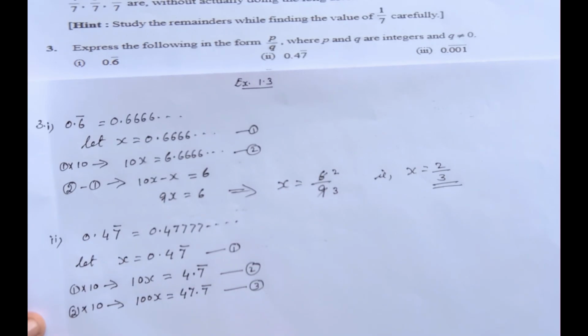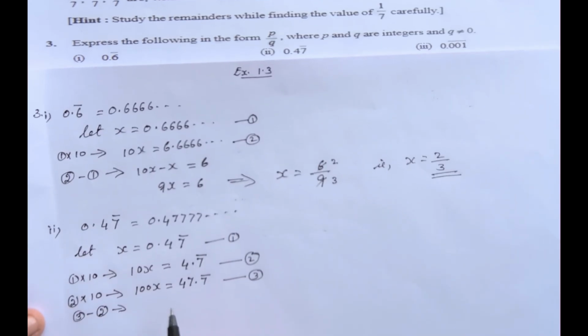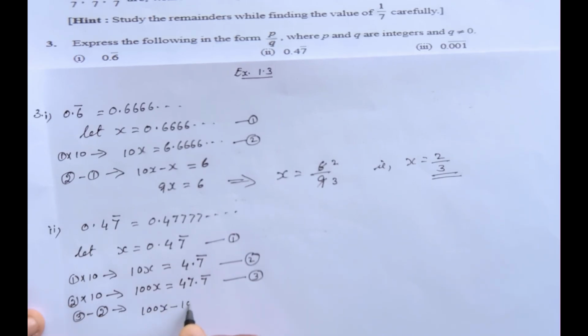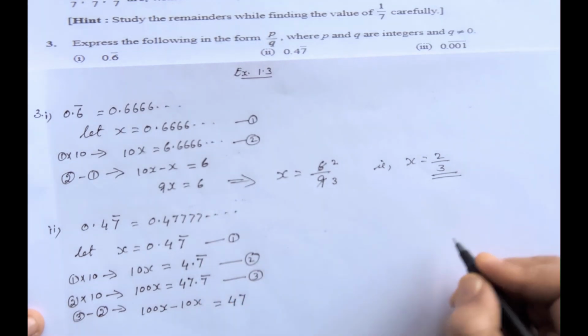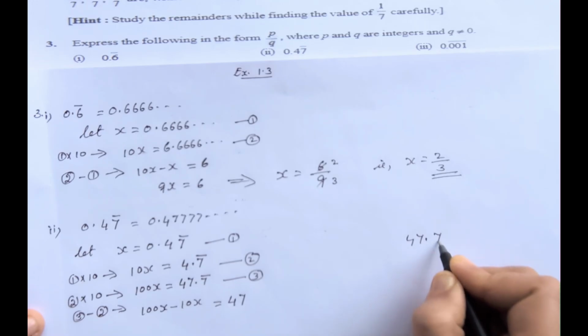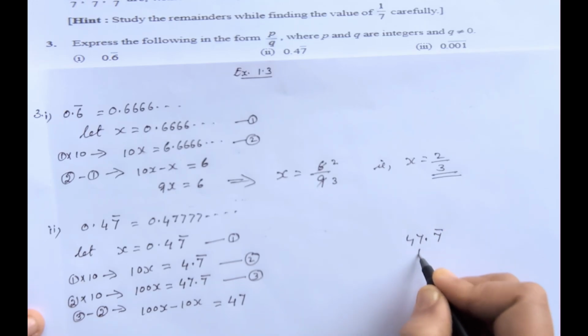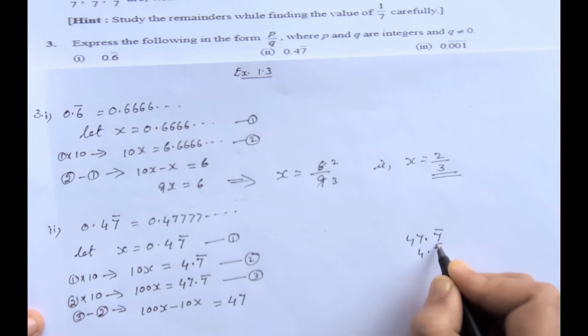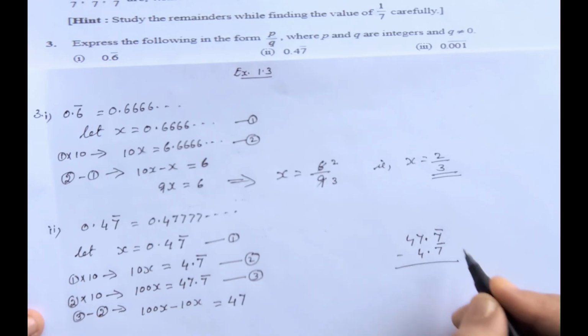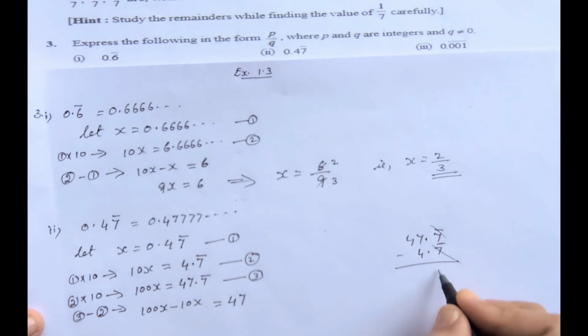Now we are going to subtract 2 from 3. Equation 3 minus 2 gives, on the left side, 100x minus 10x is equal to, on the right side, 47.7 bar minus 4.7 bar. When you subtract, the 7 bar decimal part becomes 0.